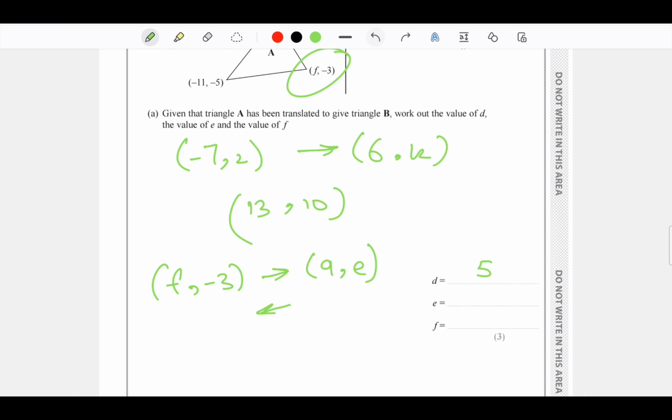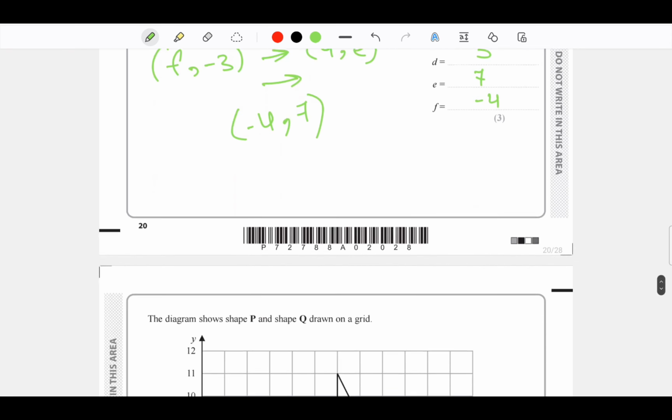So that means 9 minus 13 is -4, and for E we're going to go back this way. -3 plus 10 gives us 7. So therefore E is 7 and F is -4. Alright.